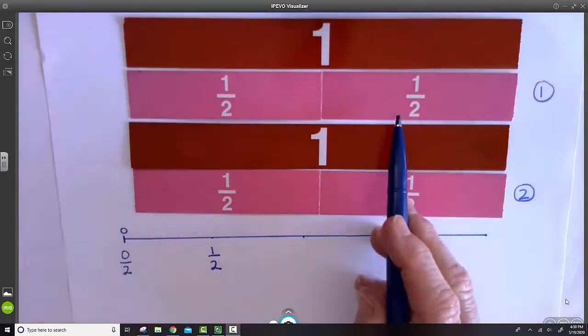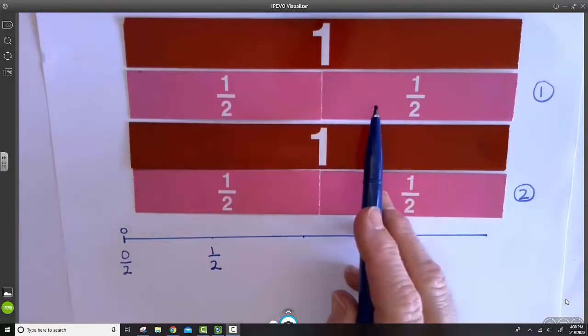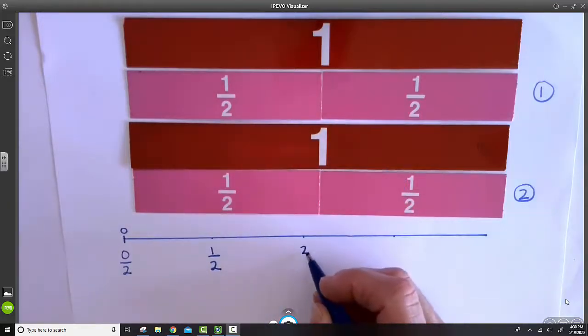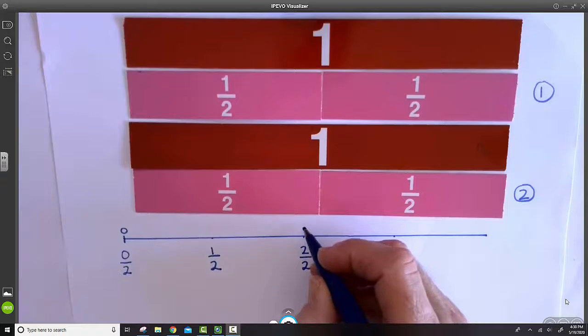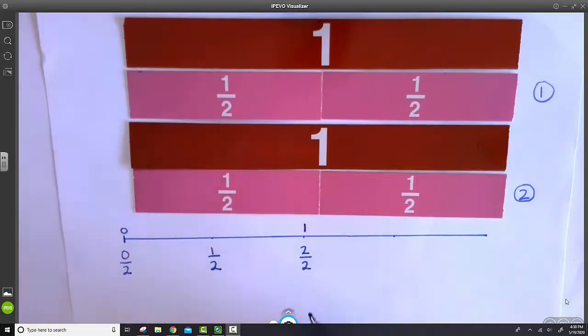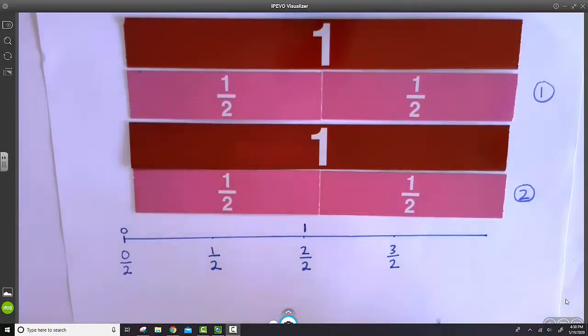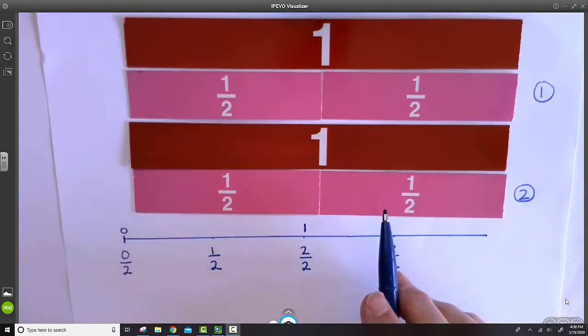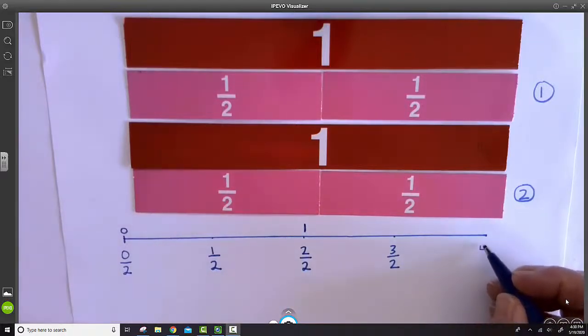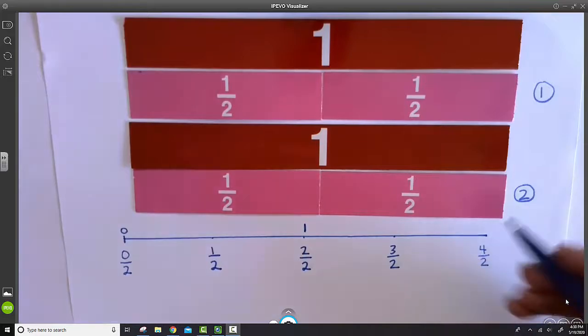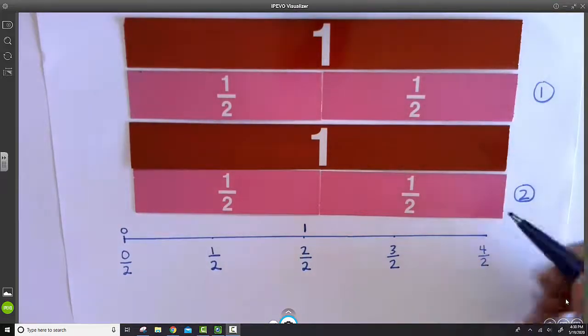The second segment would be 2 halves, or we can also call that 1 whole. We add an additional 1 half, and now we would have 3 halves. And then our fourth half would be 4 halves, or we would have the 2 wholes.